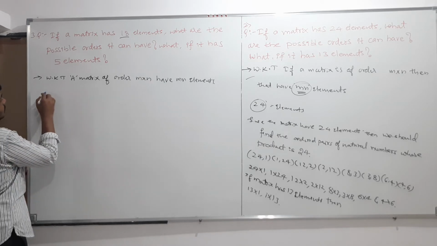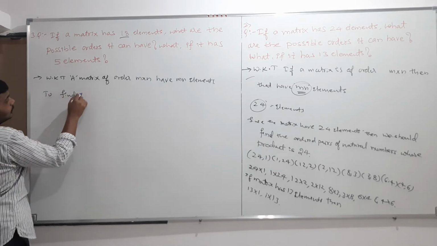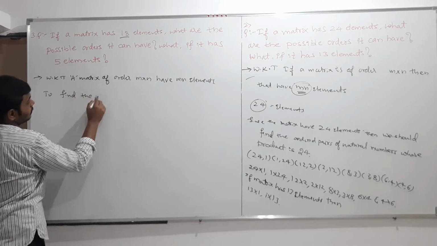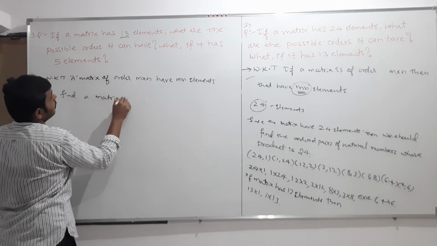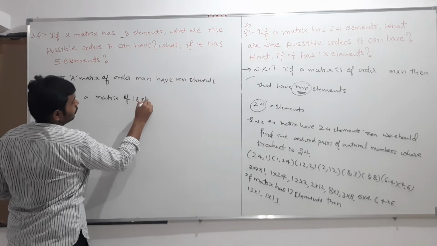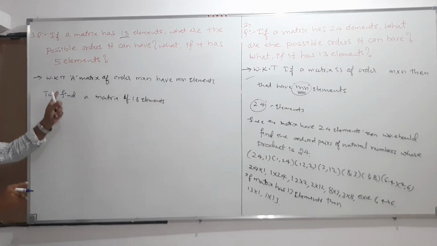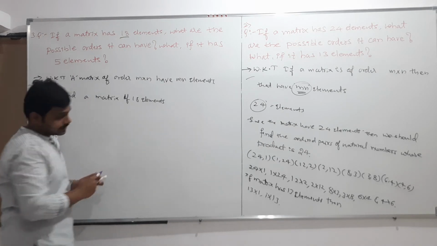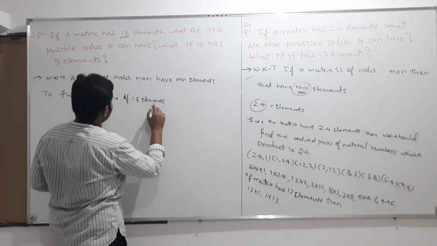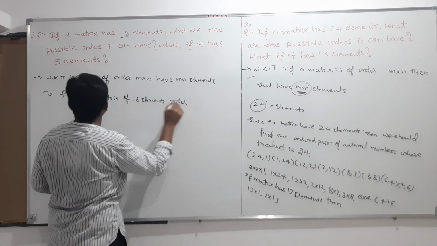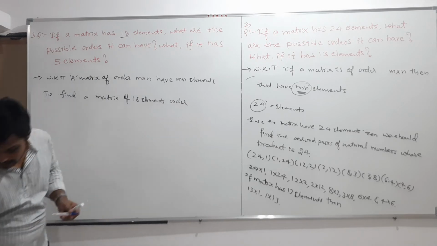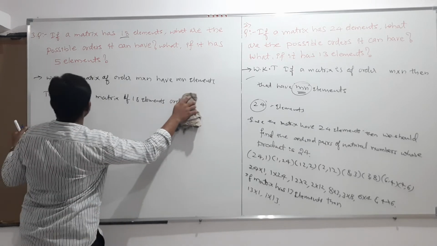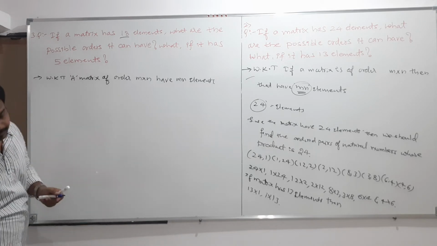By using this, to find the possible orders of a matrix with 18 elements, we should write it properly, since the sentence frame is not good.